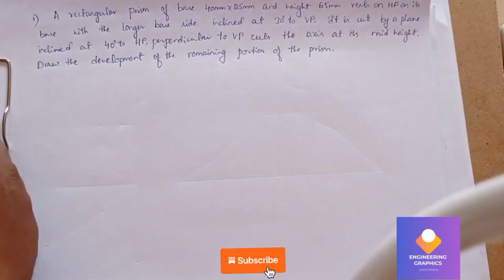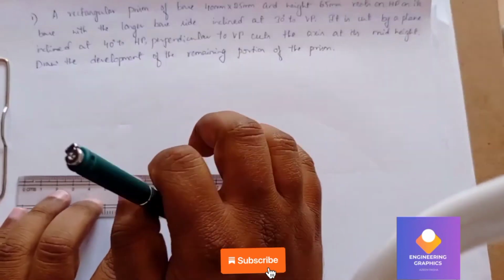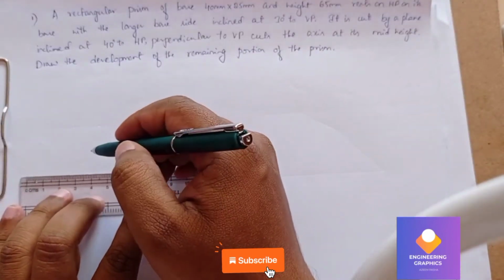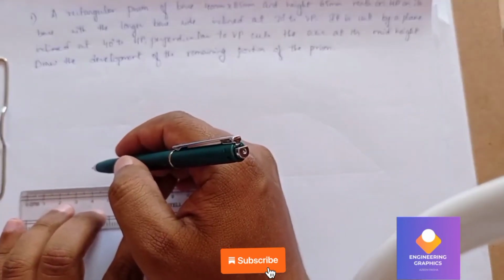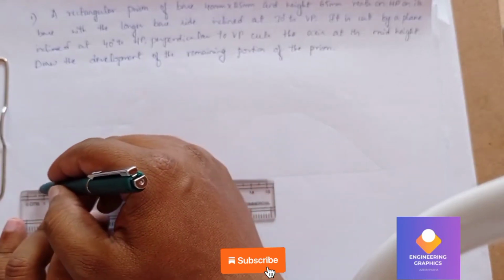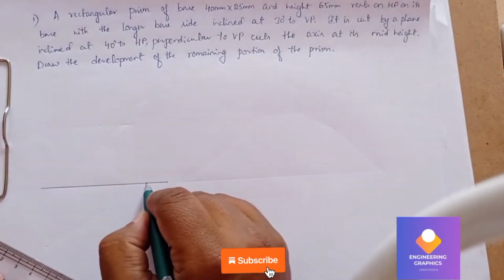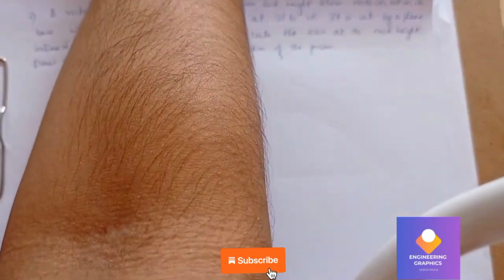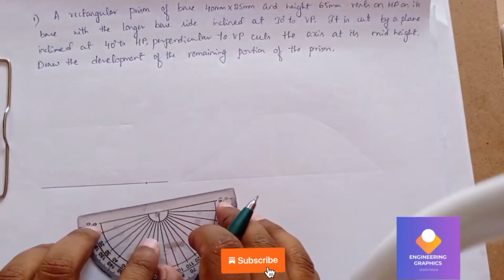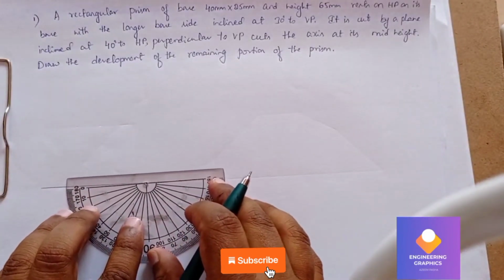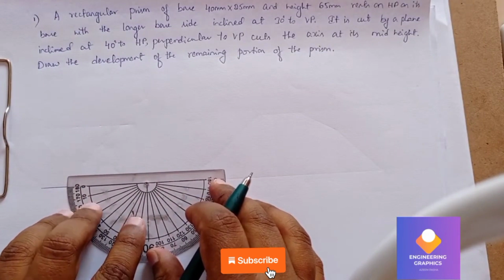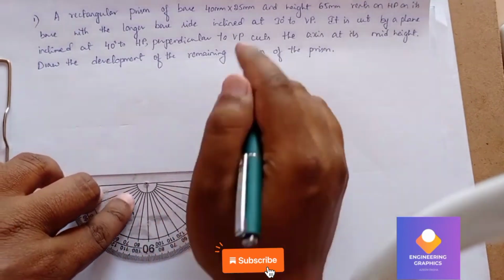We have a rectangular prism which has a base of 40 by 25 and height 65 mm. It rests on HP on its base with the longer side, and it is inclined at 30 degree to VP. So first we draw an XY line and take a reference point. Keeping the protractor at that reference point, mark 30 degree.